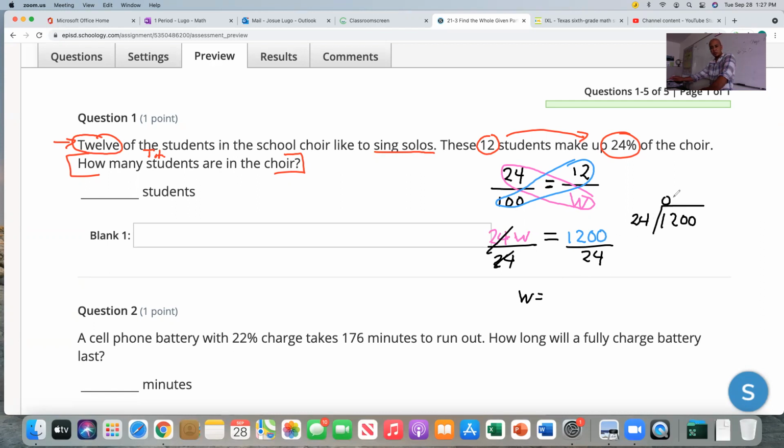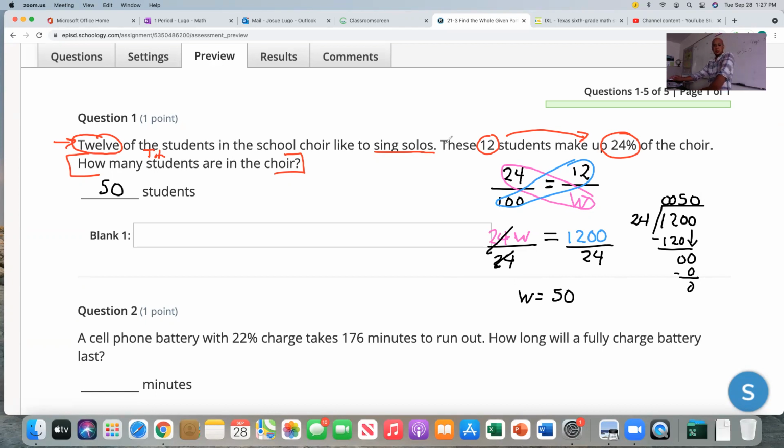Well, 24 cannot go into 1 or 12, but it does go into 120 exactly 5 times, which is 120. Remainder 0. We have to bring down the 0. That's part of the 1,200. 24 goes into 0 0 times. And ladies and gentlemen, my whole or the total number of students in the choir would be 50 students.